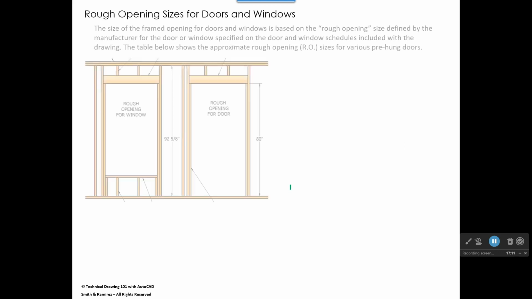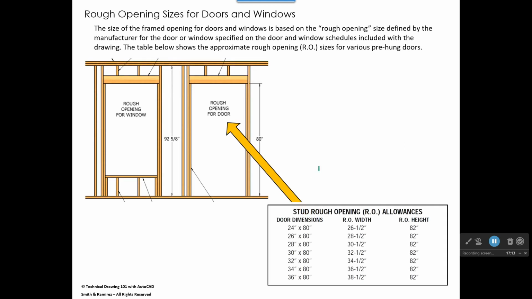Now, the next slide is going to talk about those rough openings. So let's say that you have a rough opening here for a 3.0 door. That means it's 3 feet 0 inches. We usually use subscript when we put that 0 in there. So look over here in this table. And so here would be a 3.0 door.